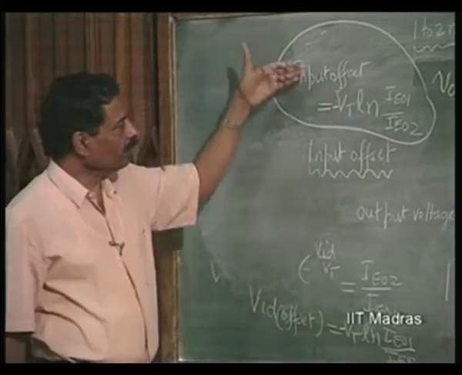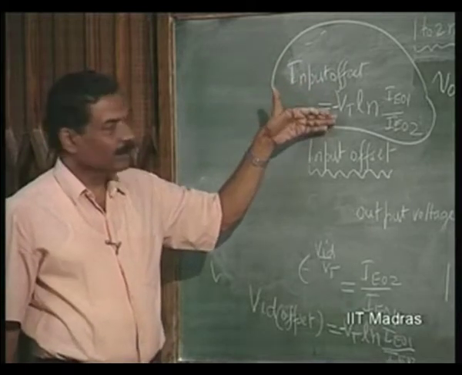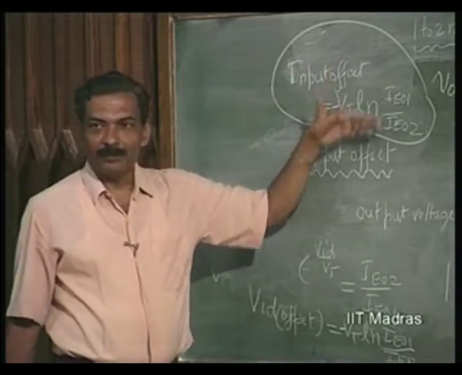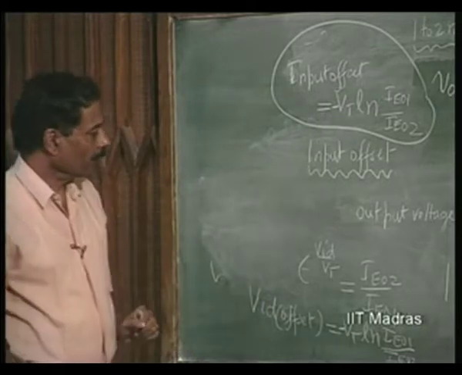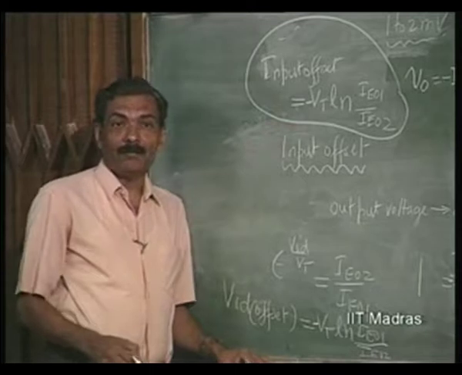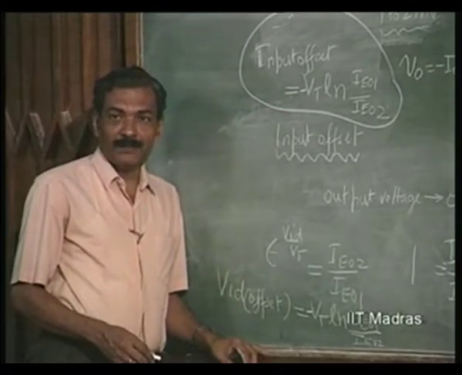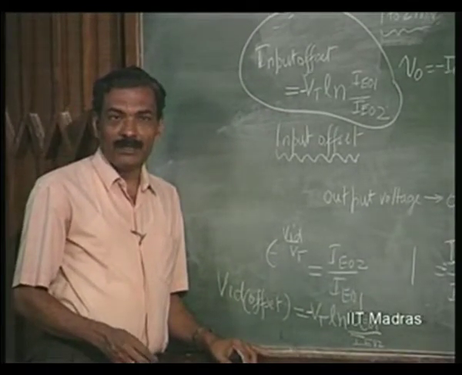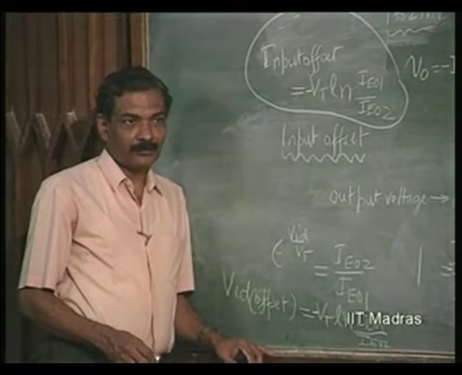So it can be plus or minus VT log IE01 by IE02. The typical value for a BJT input offset is 1 to 2 millivolts.